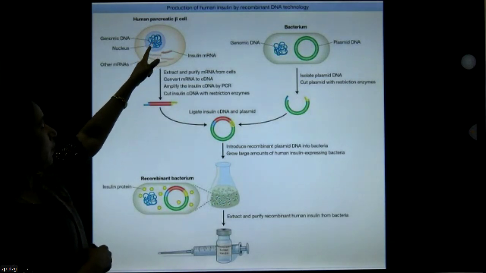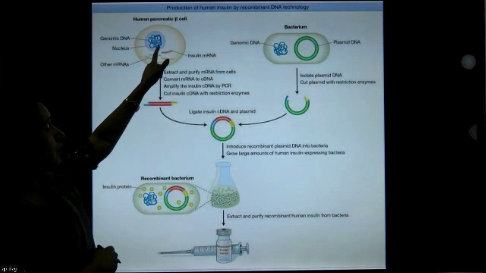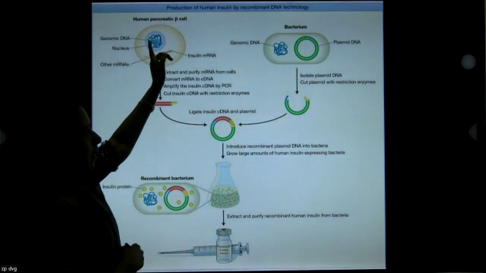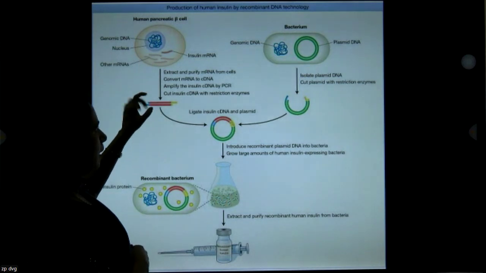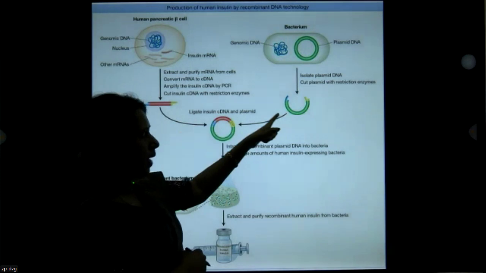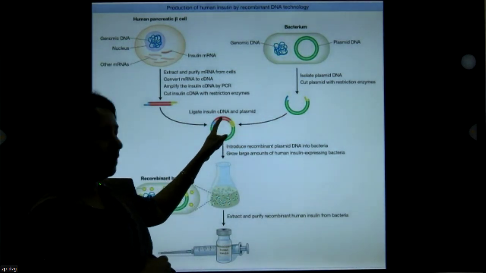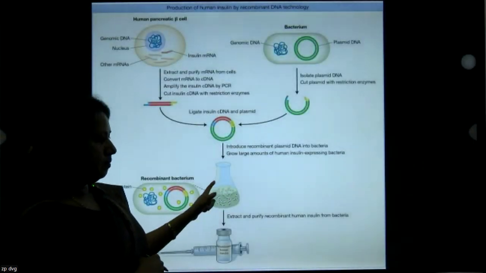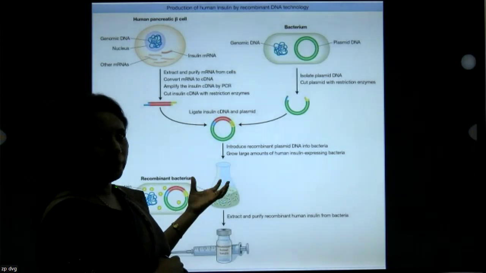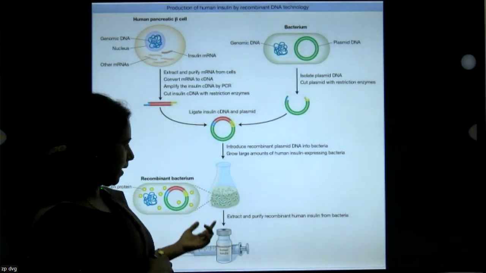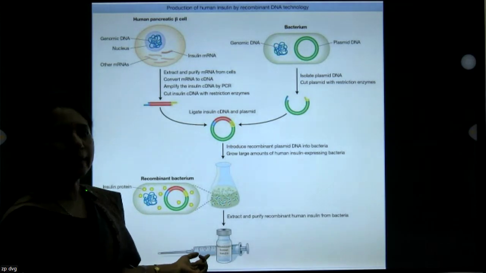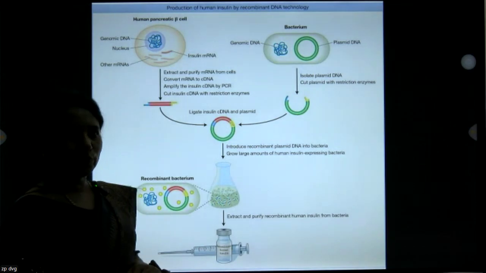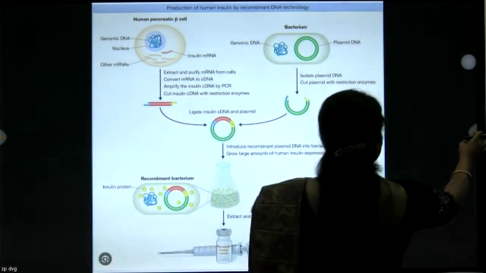The gene from the human pancreatic cell, particularly from the beta cells of the pancreas, is isolated and joined with the plasmid, and rDNA is created. Then it is cloned in a bioreactor, where insulin is produced in large quantities, purified, and marketed by pharmaceutical companies. In this way insulin is produced using biotechnology.